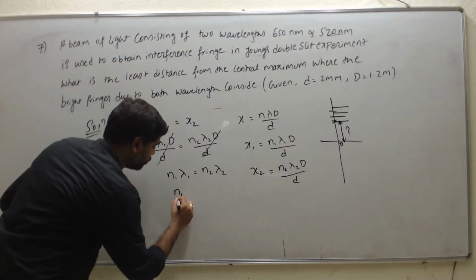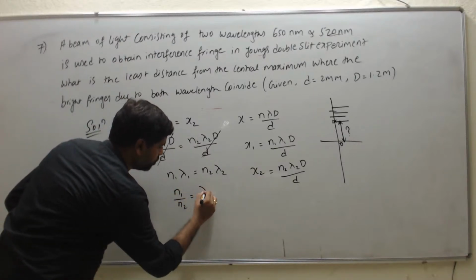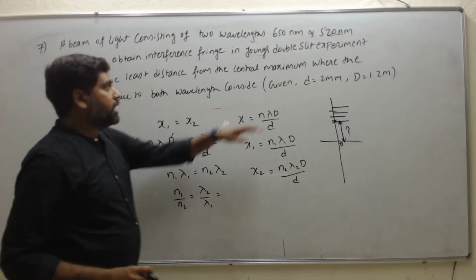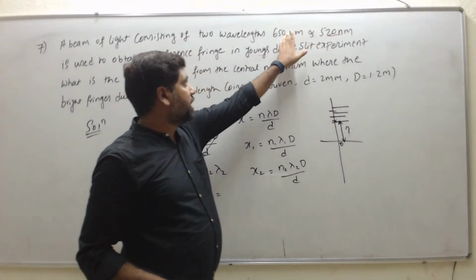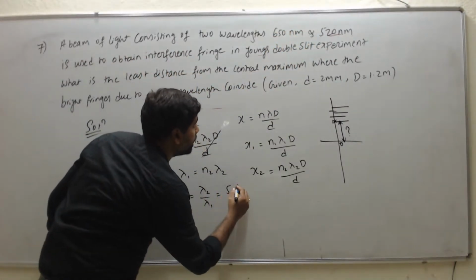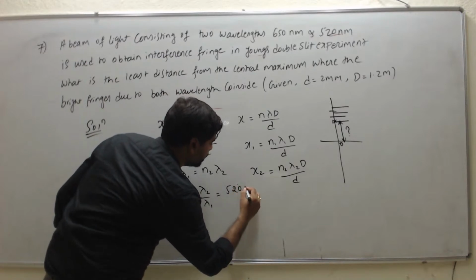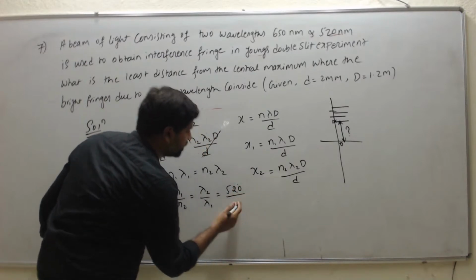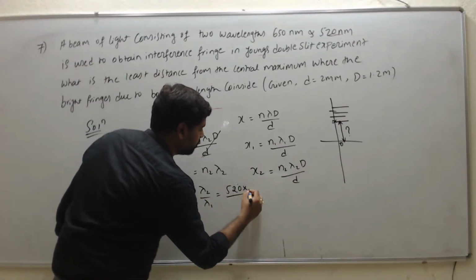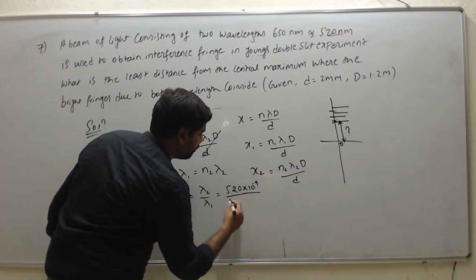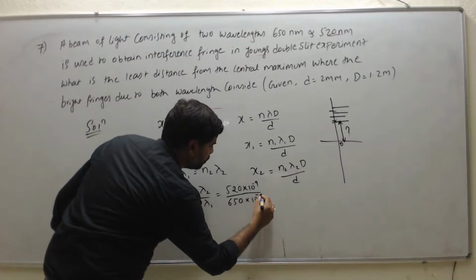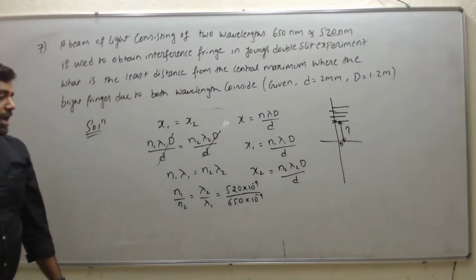If we take the ratio, n1 by n2 equals lambda 2 divided by lambda 1. Here the value of lambda 2 is 520 nanometers, both are in nanometers, so we can directly cancel nanometers. 520 divided by 650.